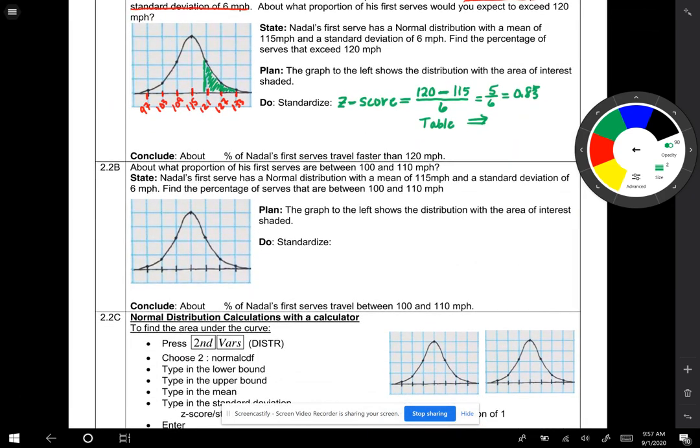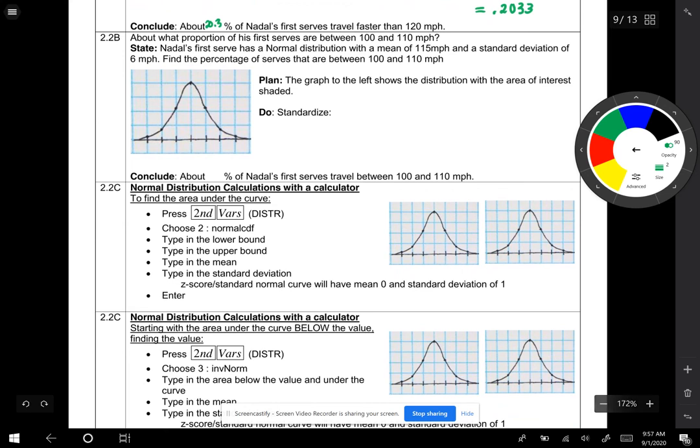But remember that doesn't give you this value. You need to subtract from 1 because it's to the right. So always remember, anything shaded to the right, you must subtract from 1. So 1 minus 0.7967 would be 0.2033. So answering the question, about 20.3% of Nadal's first serves travel faster than 120 miles per hour.